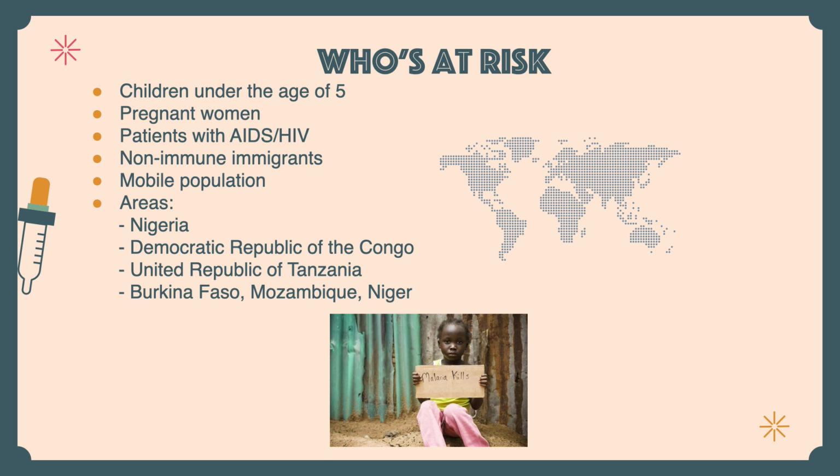And what also influences the likelihood of this Plasmodium falciparum is areas that are warm, tropical, that have shallow waters, which is perfect for places that are tropical because that's the climate there.